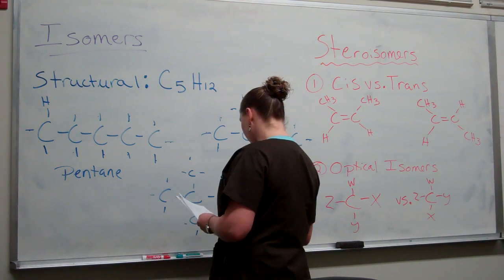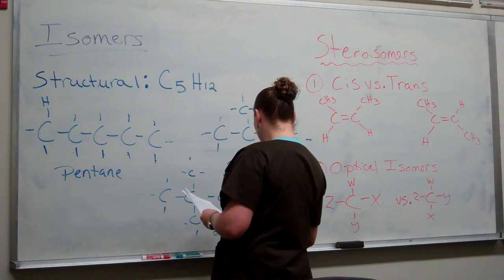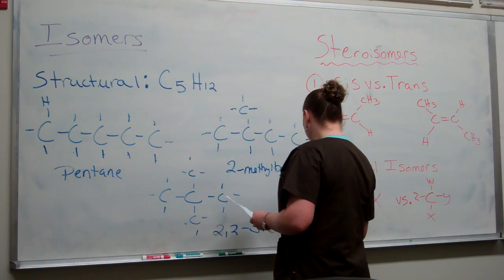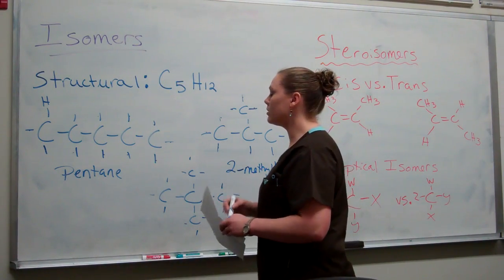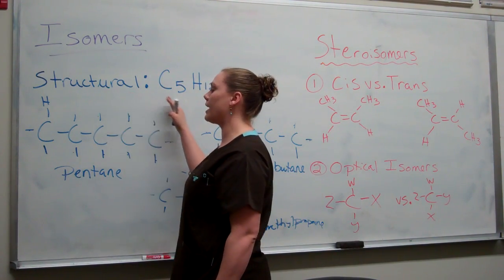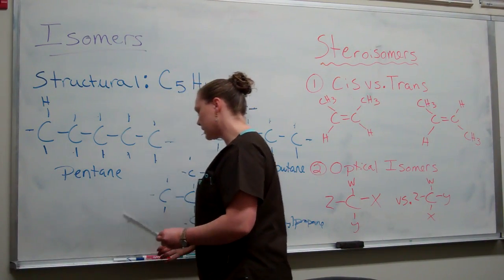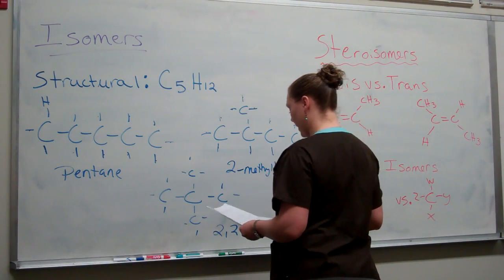You would have 2 methyl groups attached to it. So you would have 2,2-dimethylpropane, because they're all single bonded still. So that's how structural isomers are different. They still contain the same components, but structurally they're different. They're bonded in different ways.